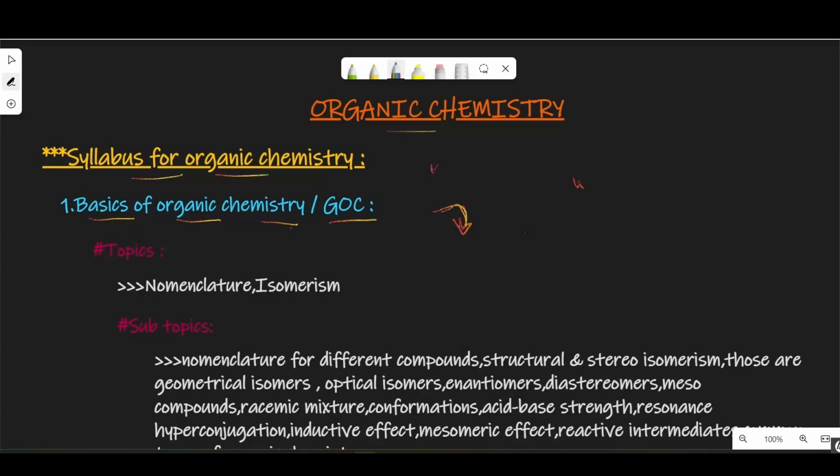And no need to go into the depth of this initially. By learning all the other chapters, we will get to know more about these topics. So let's see the topics in the basics of organic chemistry. Those are nomenclature and isomerism, and so many topics are there.